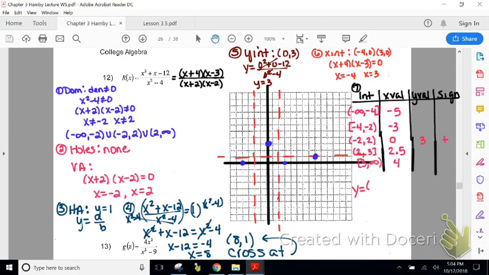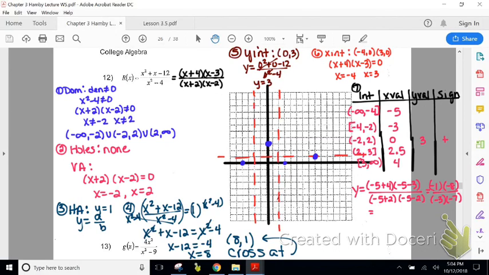So the first x that I'm going to plug in is -5. So it would be (-5 plus 4) times (-5 minus 3) over (-5 plus 2) times (-5 minus 2). I work this out and get -1 times -8 over -3 times -7.